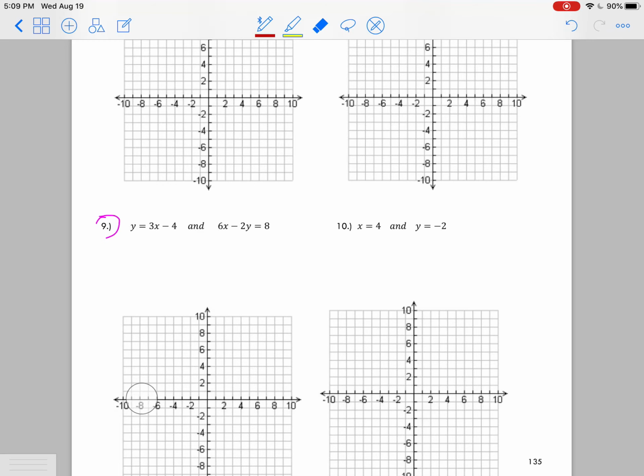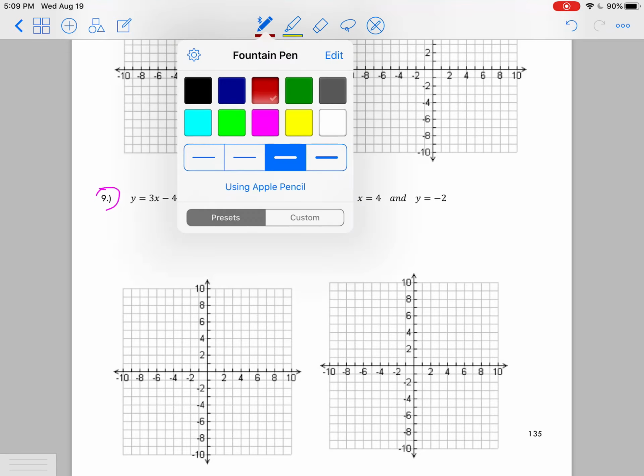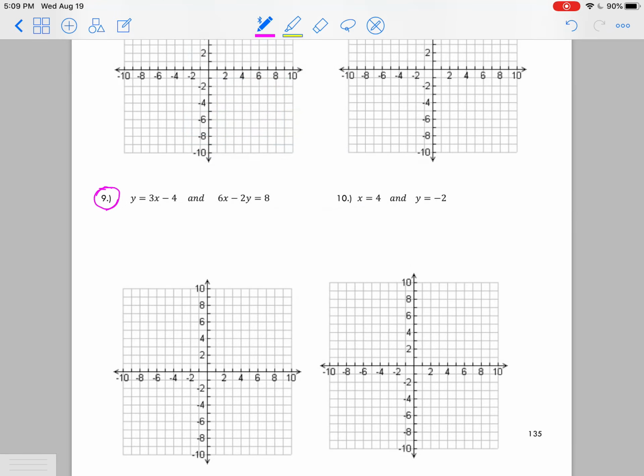Just another example, one more to work with here. So the reason I wanted to do this one is kind of a reiteration of what I had just talked about before, is that sometimes our equations don't look the same, but once we do a bit of work on them to do some simplifying, we find out that they are the same.